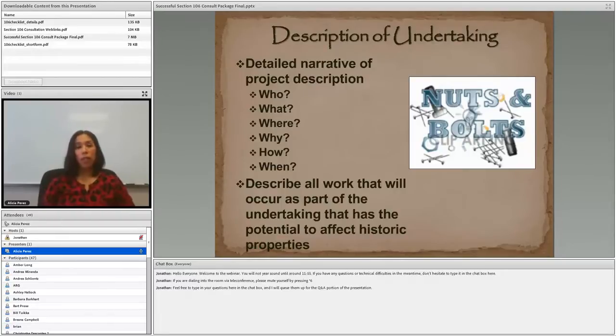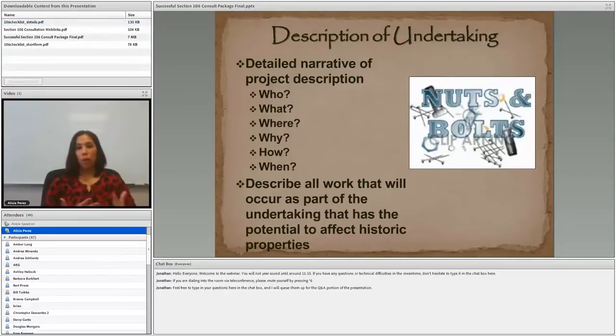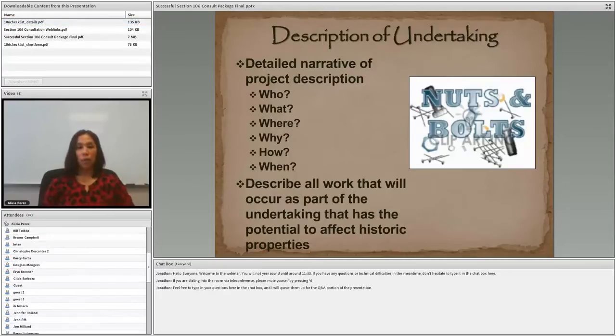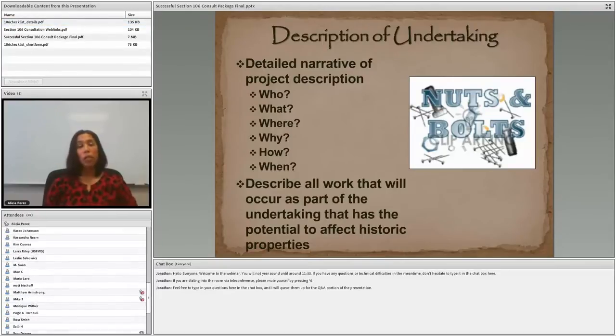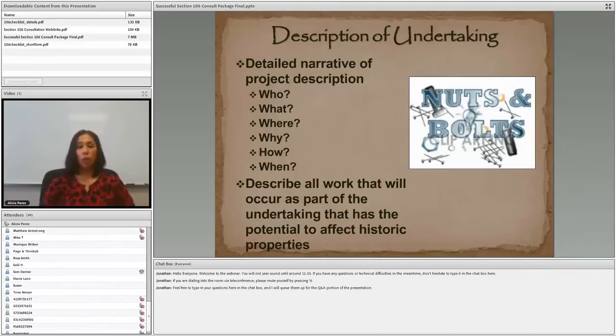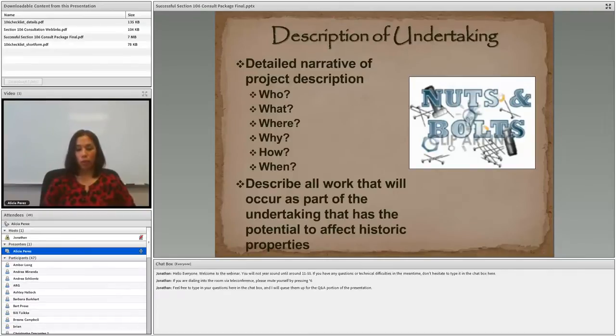Is it funding? And when? It's definitely beneficial for you to include project deadlines that you would like to meet. This always helps us to know how we should consult in a timely manner. So basically you're describing all work that will occur as part of the undertaking that has the potential to affect historic properties.